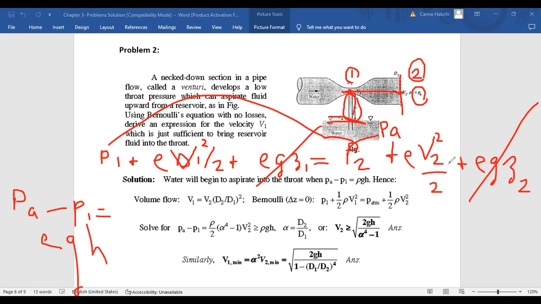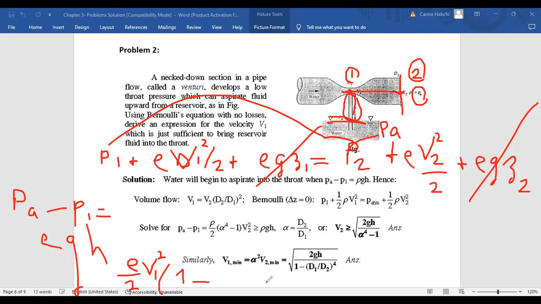And taking V2 to the other side and expressing it as a function of V1, what do we get? We get rho over 2 times V1 square times 1 minus... we said V2 as a function of V1 is V1 times D1 square over D2 square.